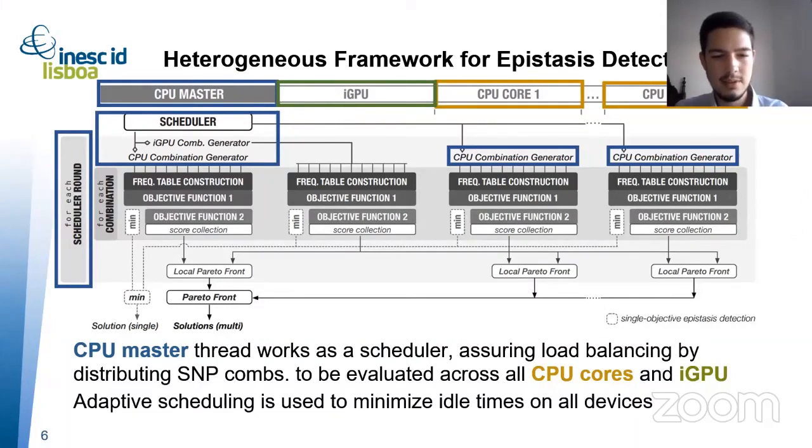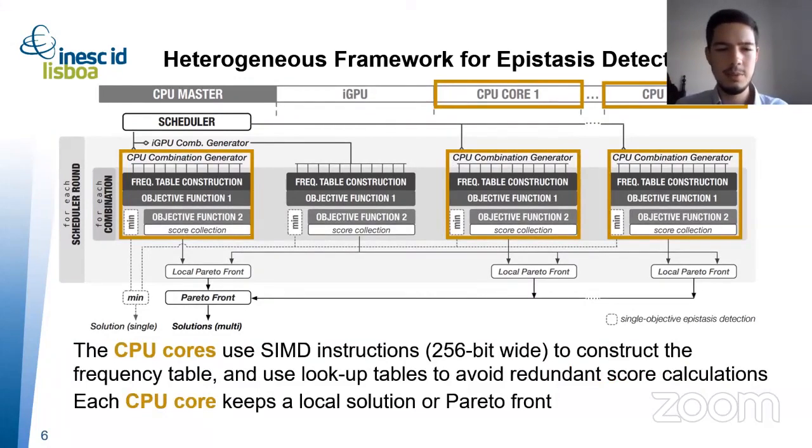This CPU master uses adaptive scheduling, measuring the performance in real time of the integrated GPU and the CPU cores and assigning work accordingly.